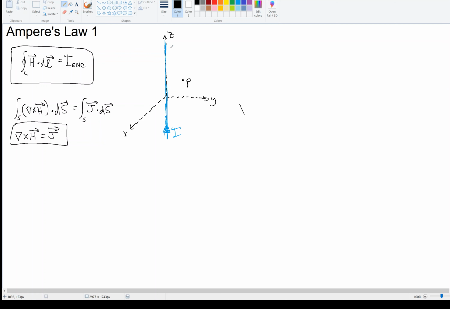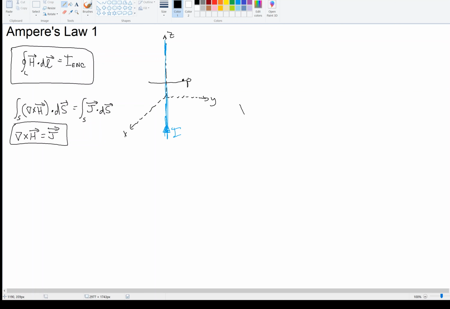I already know from the Biot-Savart law how the magnetic field is directed from this current carrying wire, and it circulates according to the right-hand rule. If I point my thumb in the direction of I, then my fingers curl with the direction of the magnetic field, so it's circulating around this wire.